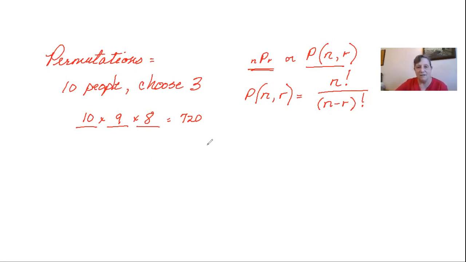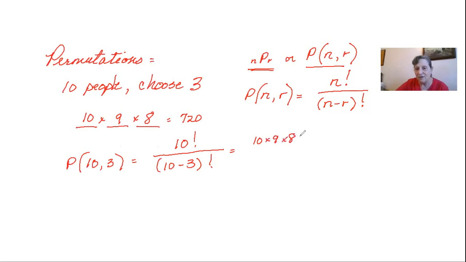Notice that if I said I'm going to do the permutation of 10 people choose 3, that's going to give me 10 factorial divided by 10 minus 3 factorial, which is going to be 10 times 9 times 8 times 7, 6, 5, 4, 3, 2, divided by 7 factorial.